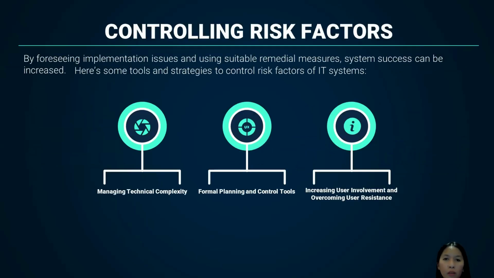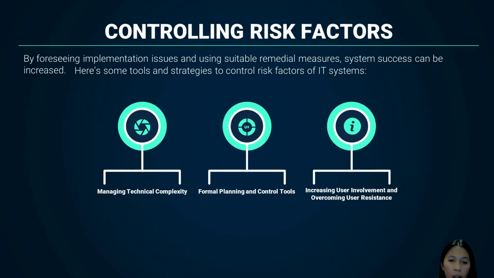Next topic is controlling risk factors. By foreseeing implementation issues and using suitable remedial measures, system success can be increased. Here are some tools and strategies to control risk factors of IT systems. When developing a system, it is important that the project team is foreseeing any risk that may happen during or after the implementation of the project.